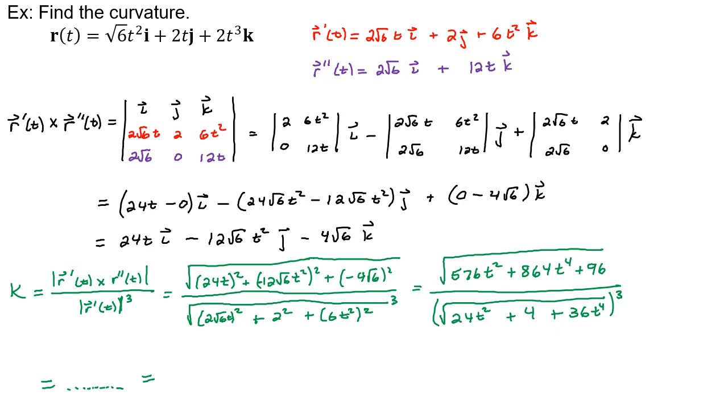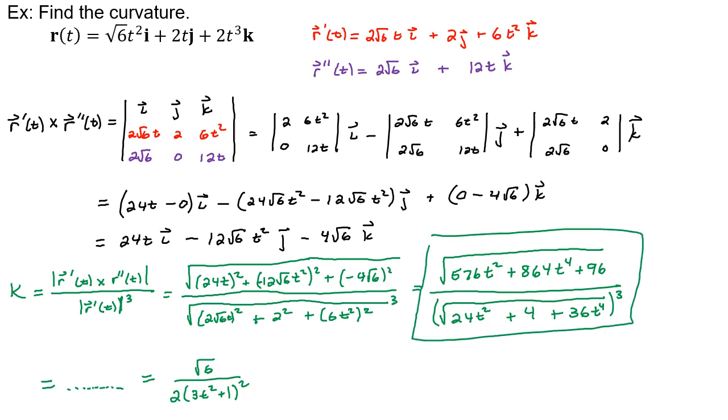You could get this thing down to the square root of 6 on top, and you could get it to 2 times, no radical here, just 3t squared plus 1, squared, if you wanted to do all the algebra. I would not. I would stop right here and call it a day. But some of you might like algebra and I might like a challenge. So if you want to try it, see if you get the same thing I did. And hopefully I didn't make a mistake along the way simplifying that.